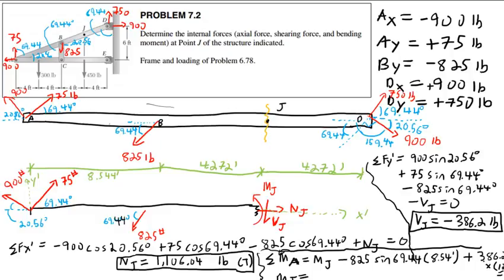And then that comes to, I got exactly 1,650 pound-feet for the moment at J.